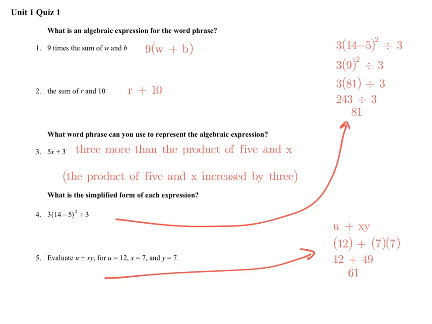That's clearer than what you might have written here, which I didn't take off points for, but is worth taking a look at. If you say the product of 5 and x increased by 3, it sounds like you could be either saying the product of 5 and x, and that whole product is increased by 3, or you could say the product of 5 and, meaning you're multiplying 5 and x increased by 3.